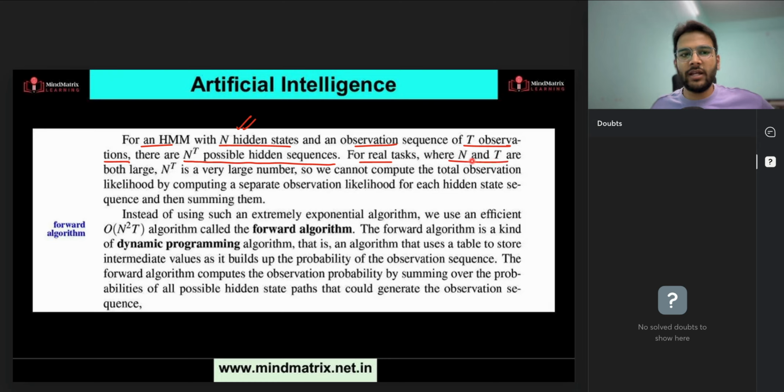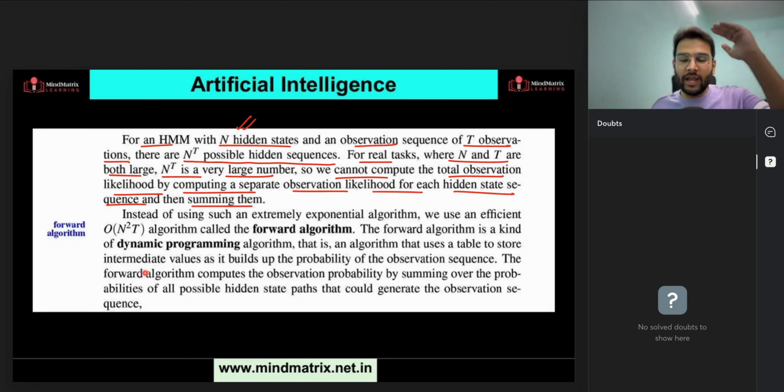For a real task, when n and t both have very high values, n raised to the power t is a very large number. So we cannot compute the total observation likelihood by computing a separate observation likelihood for each hidden sequence and then summing them. Like we have seen, a total of 8 statements and then we add them. That will take a lot of computation.